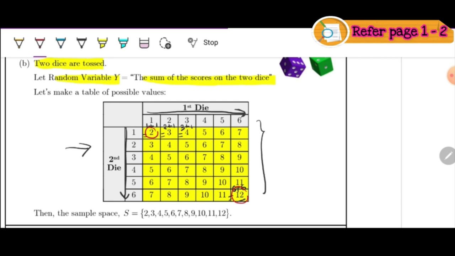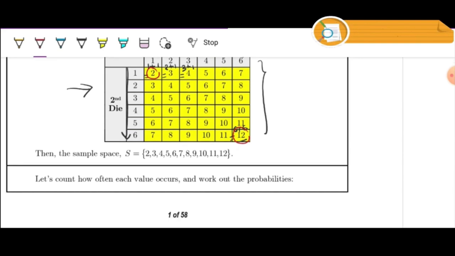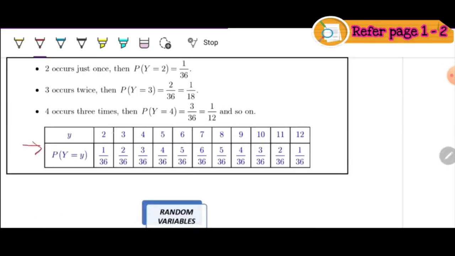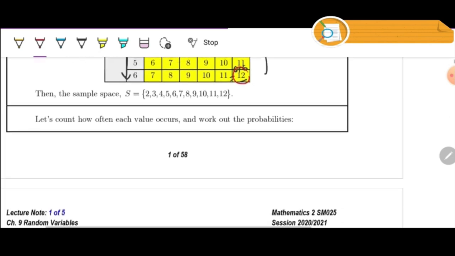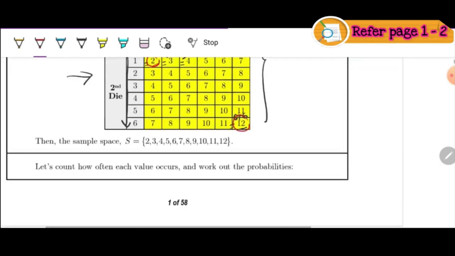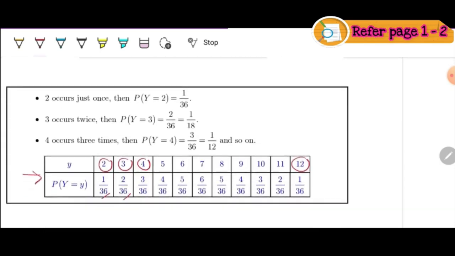So, you can construct a table to represent the random variable Y that refers to the sum of the scores. We start from 2, 3, 4 until the maximum score, which is 12. The probability of getting 2 is 1 out of 36. The probability of getting 3 is 2 out of 36.